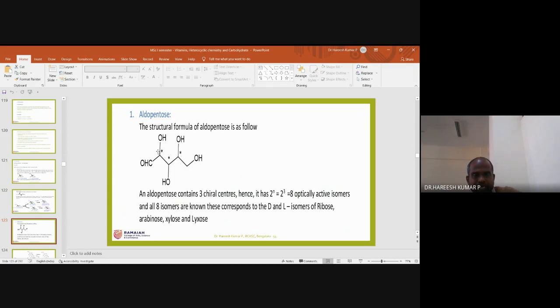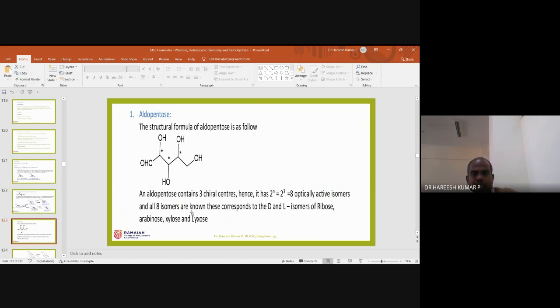And how many chiral carbon atoms are there? 1, 2, 3. 3 chiral carbon atoms are there. Then how many isomers are possible? 2 to the power of n, that is equal to 2 to the power of 3, that is equal to 2 into 2 into 2. So 2 2s are 4, 4 2s are 8. 8 optically active isomers are possible.